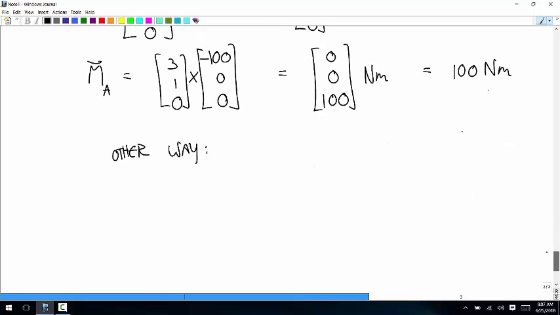So to use the fact that M_A is equal to the magnitude of rho times the magnitude of F times the sine of the angle between them.